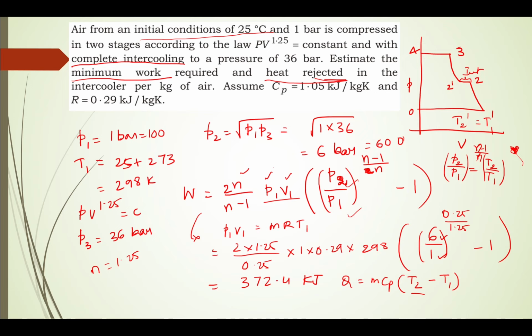From this, T2 is equal to 426.43 Kelvin. Substituting, 1 into Cp which is 1.05 multiplied by (426.43 minus 298) is equal to 134 kilojoules.